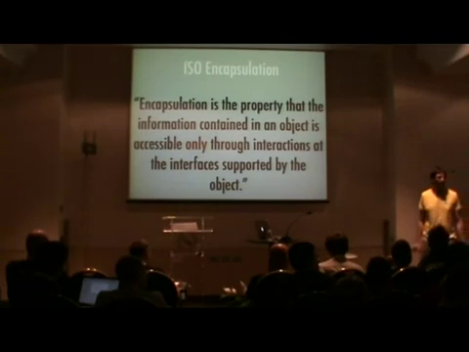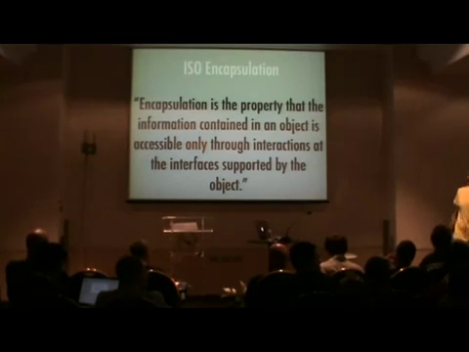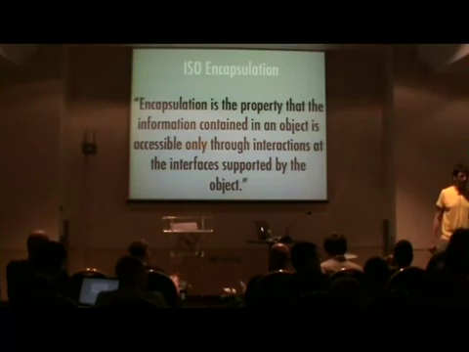I don't understand the question, sorry. The definition of encapsulation says that the information contained is accessible only through the interface supported by the object. Yes? Well, we can simply say using an underscore method, using a private by convention method, is not a supported interface. Right, but it's not forbidden.